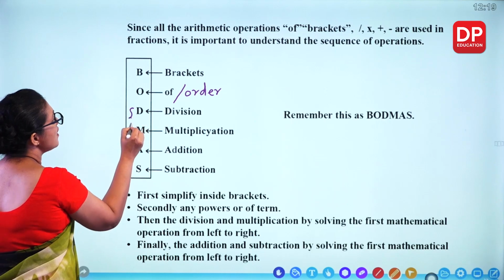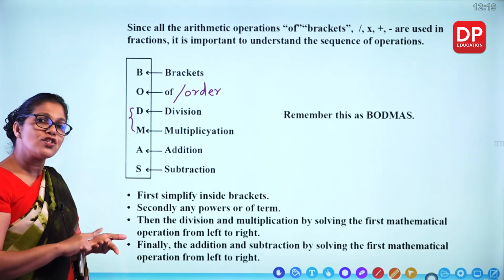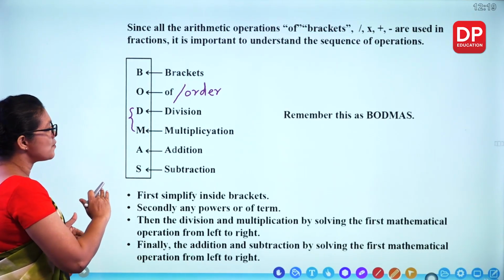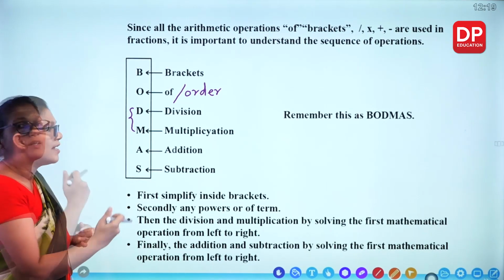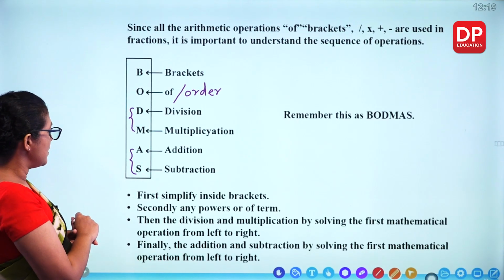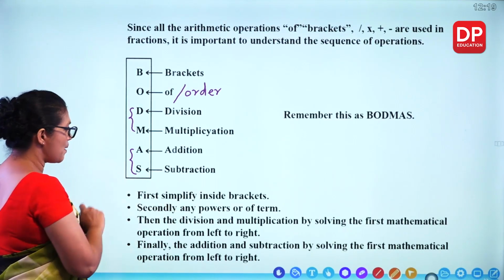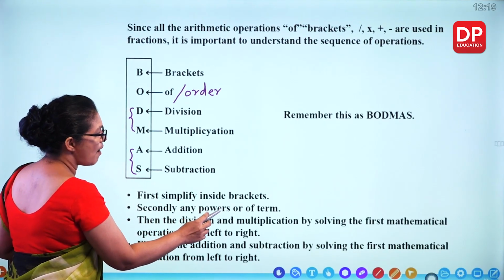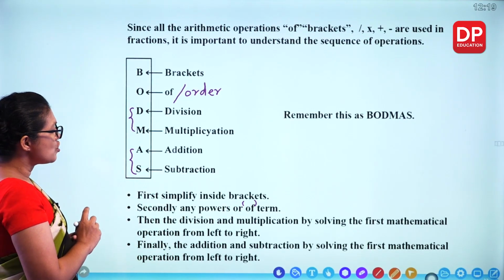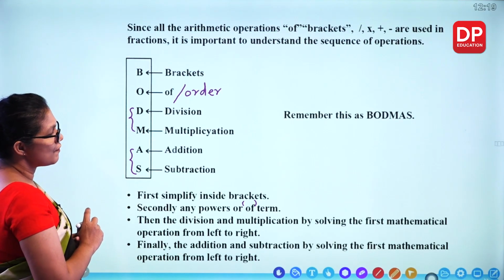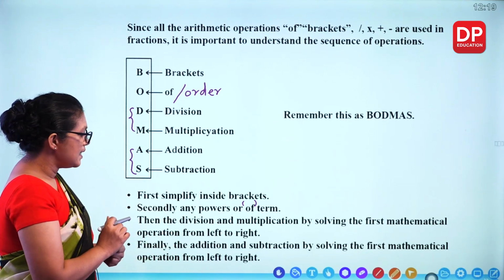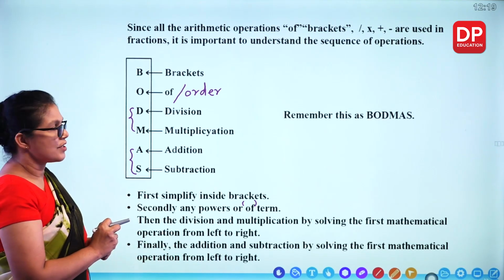So these two are equivalent. And also addition and subtraction both are similar. So whatever comes first from the left hand side, you have to do that operation. So these two are also equivalent. First, simplify inside brackets. Secondly, any powers or of terms. Then the division and multiplication by solving the first mathematical operation from left to right. And finally, addition and subtraction.